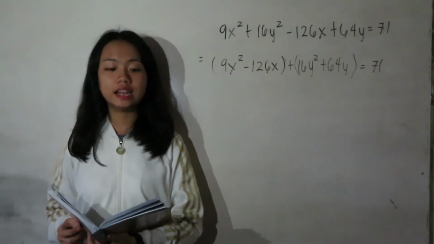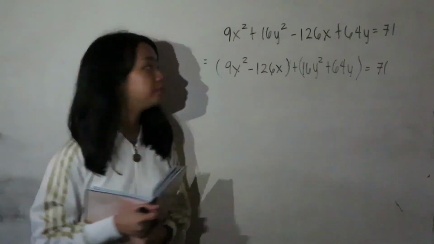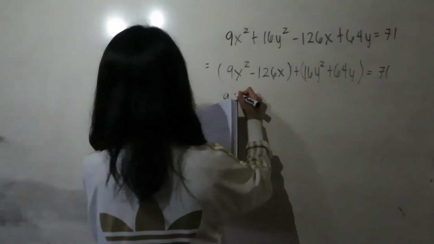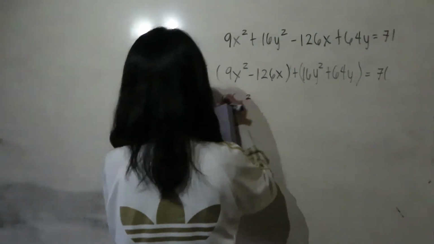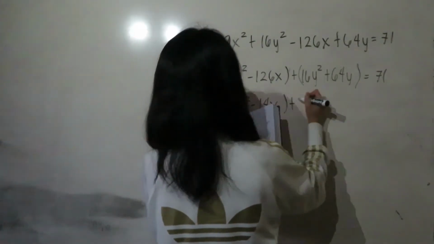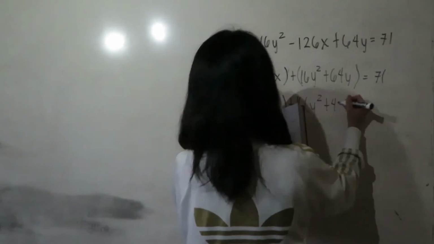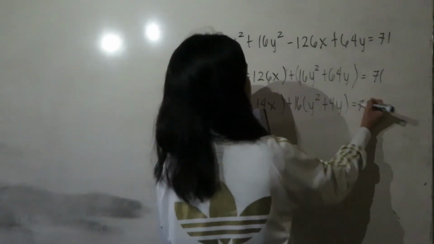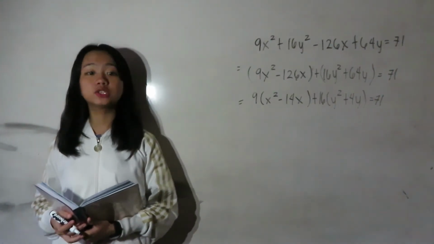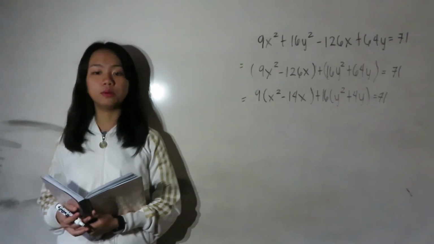Factor out the leading coefficients from the x terms and y terms. Step 3. Divide the second term by 2 and square the quotient. After that, add the products to the right side, to 71.